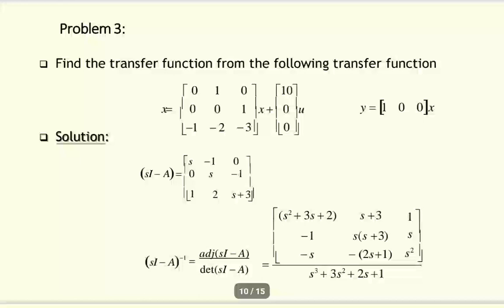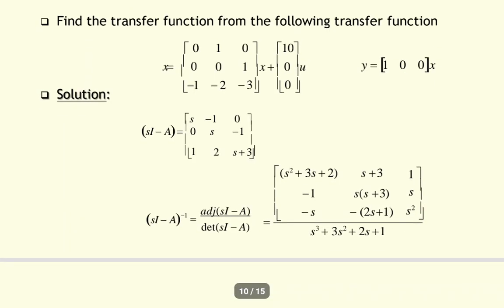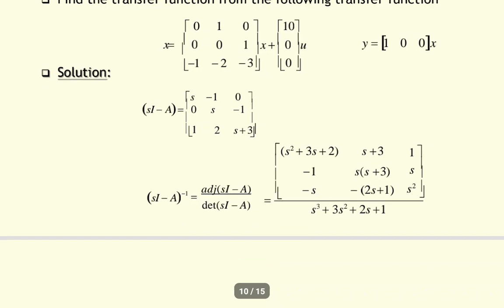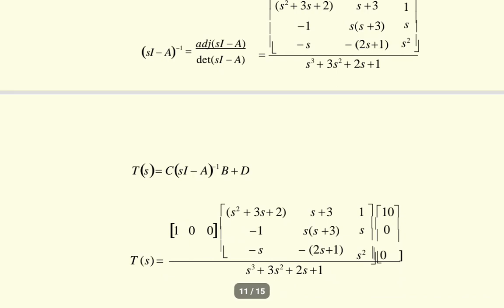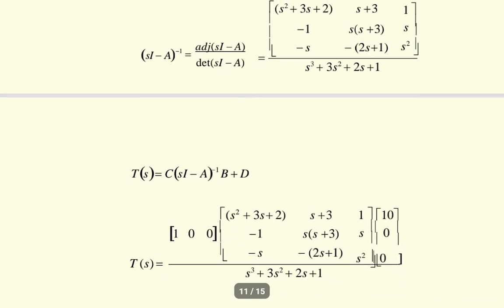Then we evaluate (sI - A) inverse, which is adjoint(sI - A) by determinant(sI - A). The respective cofactors are arranged and transposed, then the adjoint is determined. After that, the transfer function is T(s) = C into (sI - A) inverse into B plus D. C is [1 0 0], then the inverse term, and B is [10 0 0].